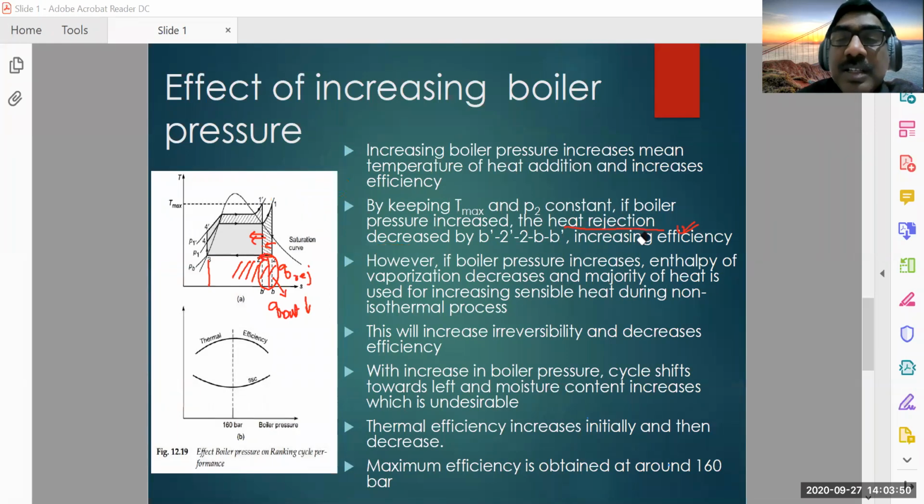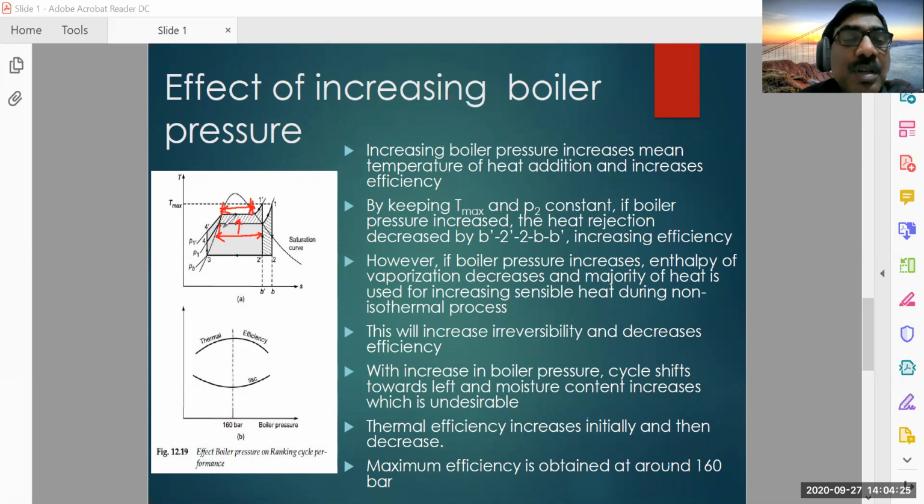And what is the other aspect of this one? However, if the boiler pressure increases, the enthalpy of vaporization decreases. I told you this important point initially. This is the original enthalpy of vaporization, but after increasing the boiler pressure, this is the enthalpy of vaporization. So the enthalpy of vaporization is getting decreased if you are moving this line upwards.